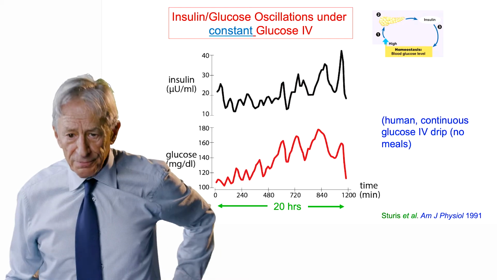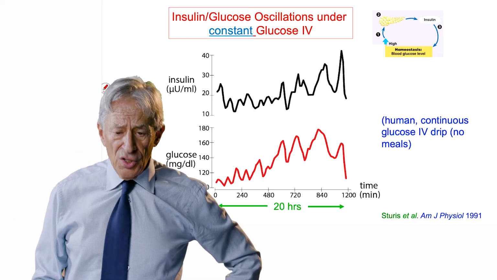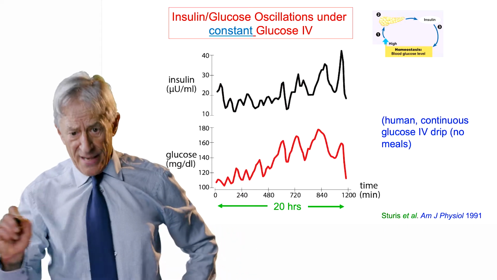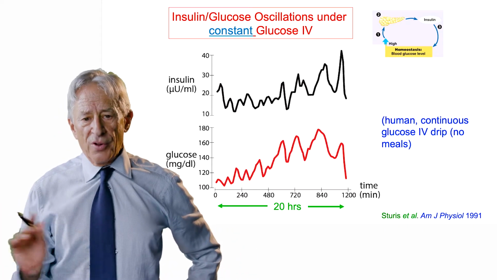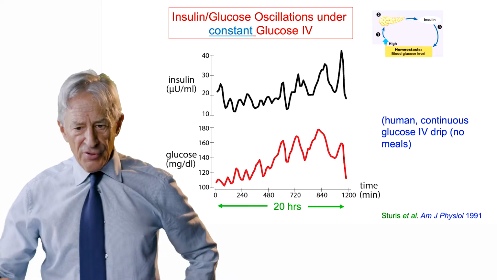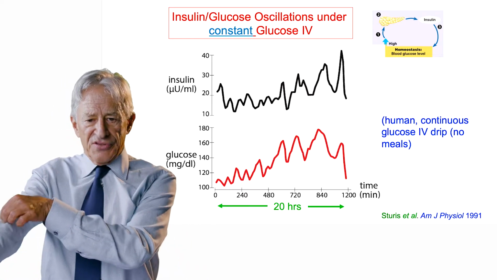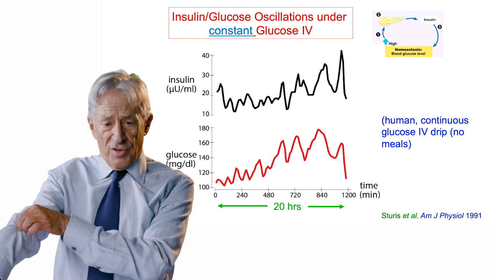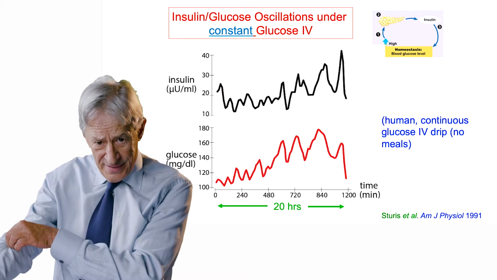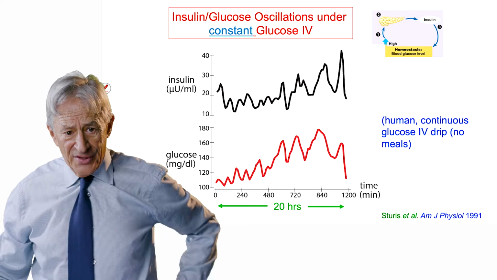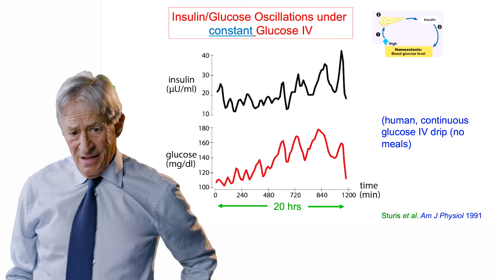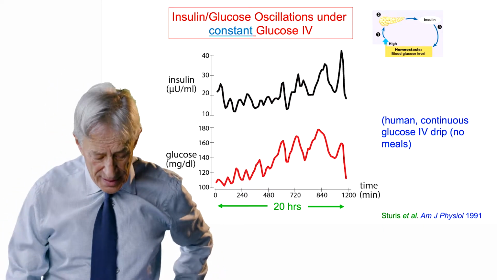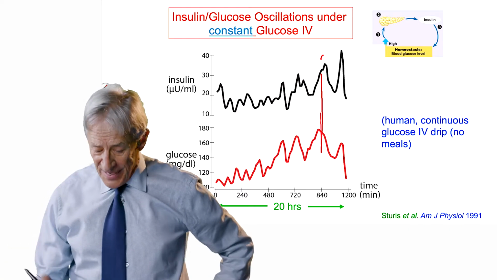Here's an example. During 20 hours here, with no meals, no perturbations, constant IV glucose. So that ought to produce a constant output, but it most certainly does not. Insulin and glucose both oscillate.